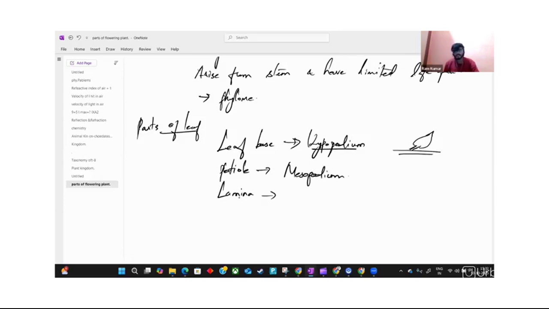The third one is the lamina, which arises from the petiole and is called the epipodium.